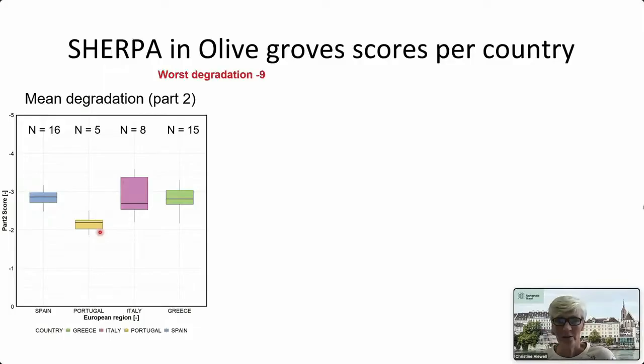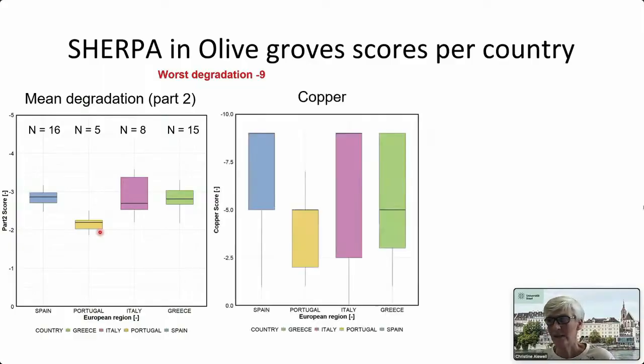Remember, the worst degradation is -9. However, this is a bit misleading because if you look at single processes, you really see that some of these processes are reaching their worst limit. For instance, copper in Spain and Italy is really a -9, which is basically the worst it can be. Slightly better in Portugal and Greece.